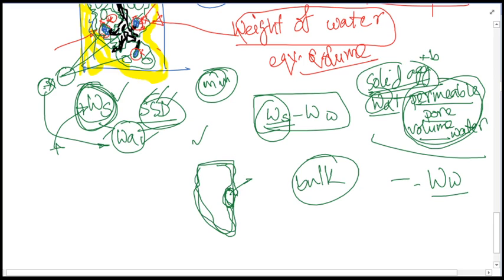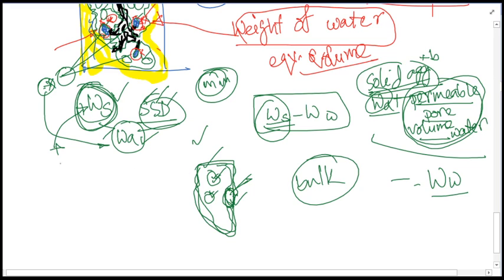So while considering volume, we take the impermeable pore and also the permeable pore as volume, although the weight is only the solid portion, because these portions are air and give no weight. So we get the weight for only the solid portion, but we consider the volume for both permeable and impermeable pores included with the solid.